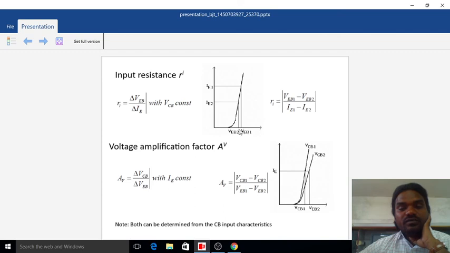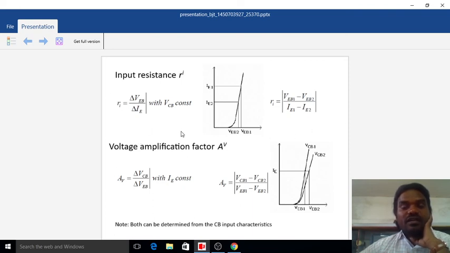I took two input voltages, VEB2 and VEB1, and the difference between them is VEB1 minus VEB2, and these two define the corresponding currents IE1 and IE2. So Ri is the dynamic resistance, the ratio between the change in voltage and the change in current. That will be the input resistance.